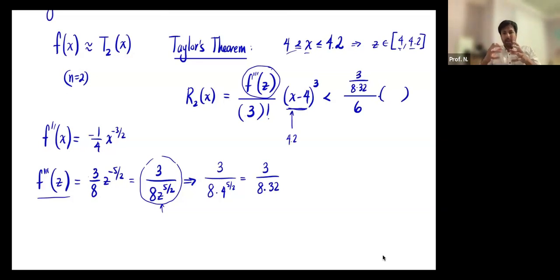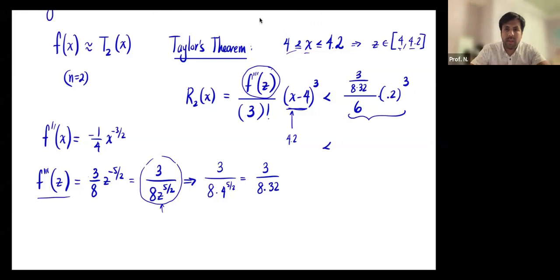I want to make my error bound as big as possible so I can see the worst case scenario. That's basically what we're trying to look for: the worst case scenario that my remainder can be in this range. So this would be 0.2 cubed.